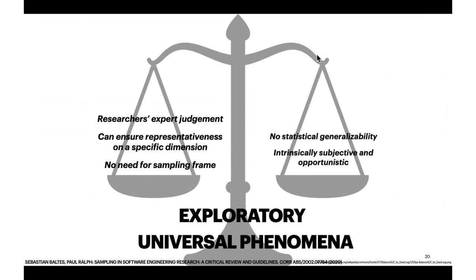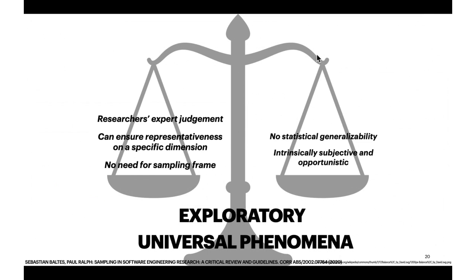Second, the researcher can ensure representativeness of the sample with respect to a specific domain, with respect to a specific dimension. So for instance, if I'm interested in collecting projects from different programming languages, one way to achieve this would be to select one Java project, one C project, one Python project, and so on.